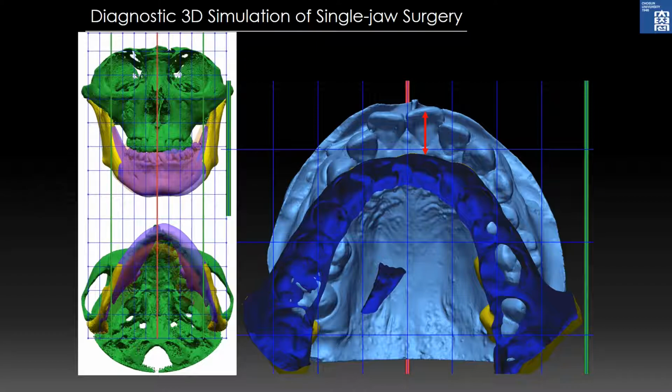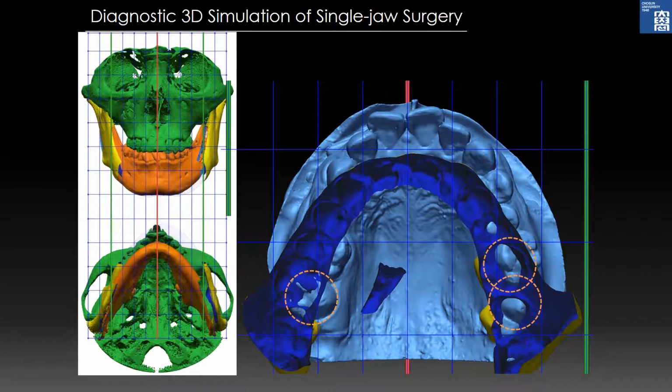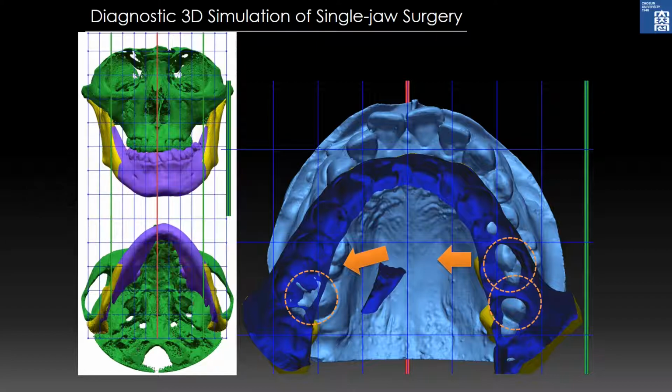This simulation revealed the true extent of dentoalveolar compensation to the mandibular asymmetry and prognathism. This ideal position also caused occlusal interferences in the molars by the backward rotational setback. To remove these interferences before surgery, transverse tooth movements were planned.